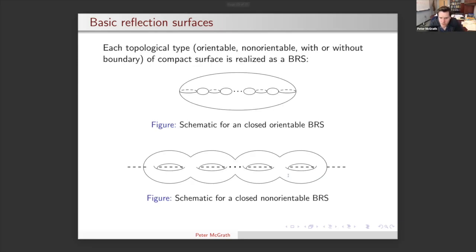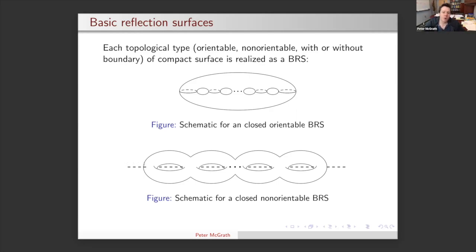For the non-orientable case, I just want to describe briefly how one can get lots of non-orientable basic reflection surfaces, at least in the closed case. In fact, what I'll describe here is the way to get all of them up to equivariant homeomorphism.